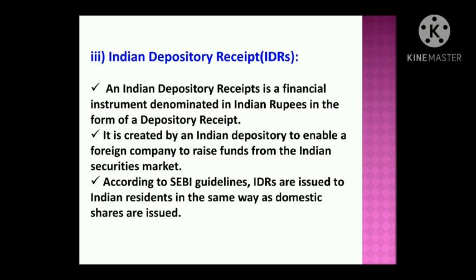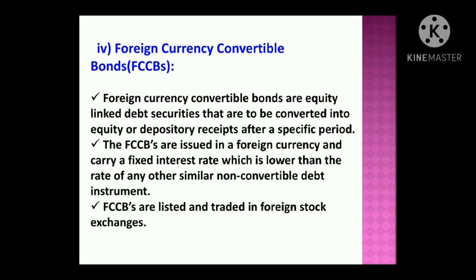Now let's discuss the last financial instrument used in international capital markets, foreign currency convertible bonds, shortly FCCB. Foreign currency convertible bonds are equity-linked debt securities that are to be converted into equity or depository receipts after a specified period.